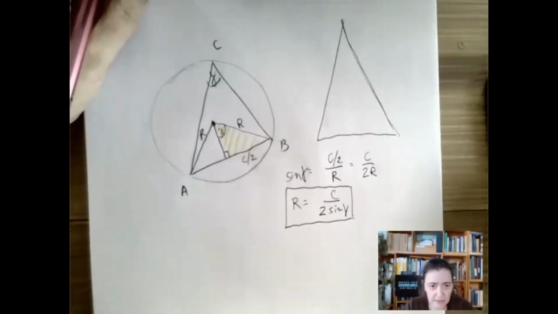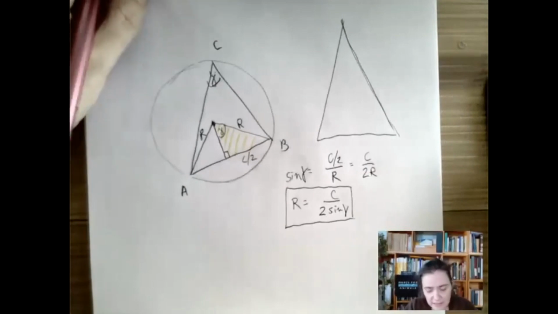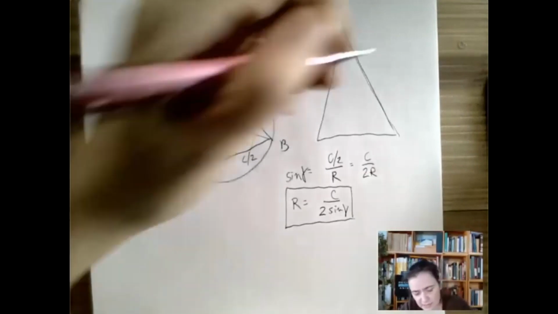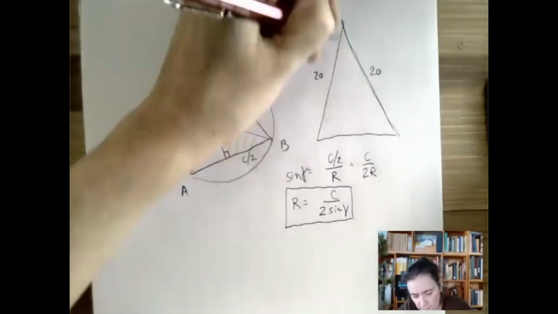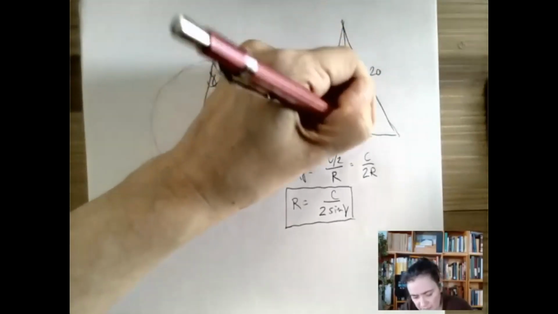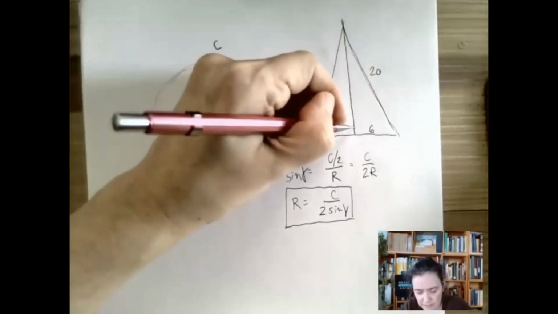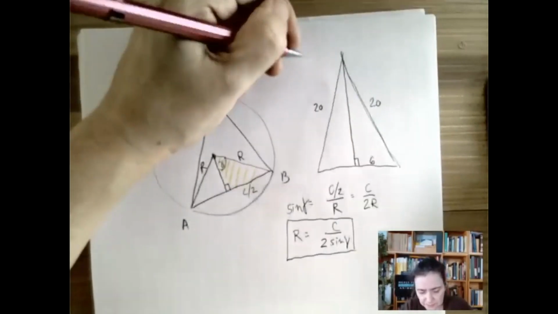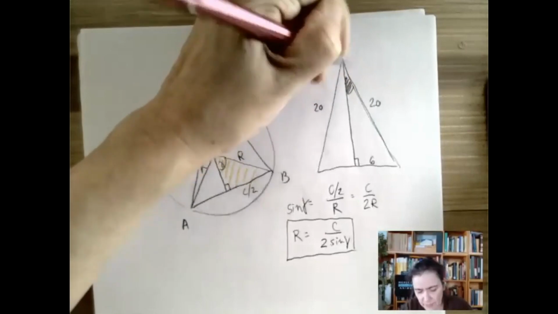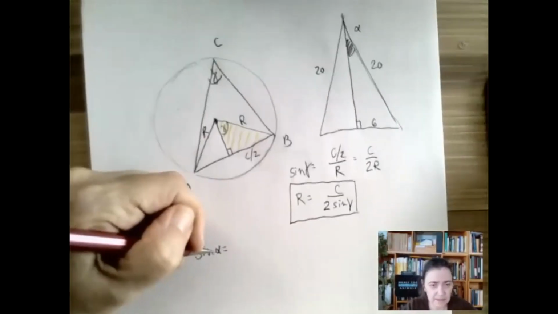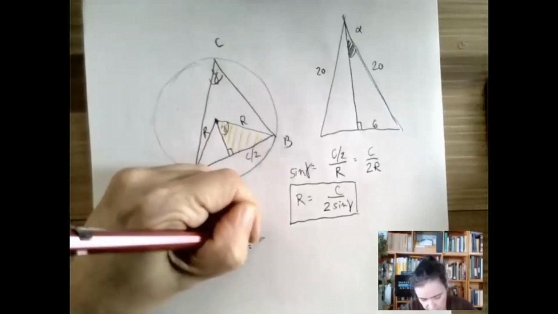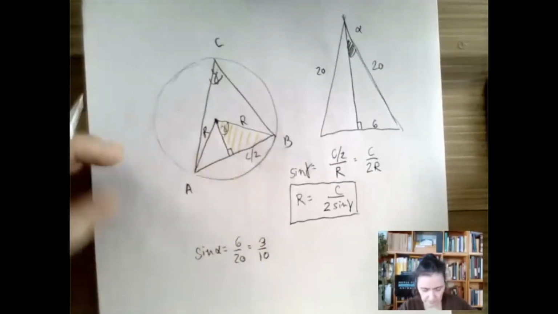Now, we don't know any angles, but we can get the angle because this triangle is isosceles, right? If this side is 20, that side is 20, and the base was 12, then we have a right triangle here where I'm going to call this angle alpha. Sine alpha is 6/20 or 3/10.